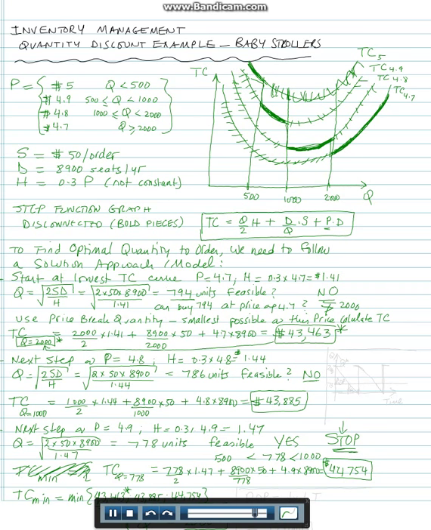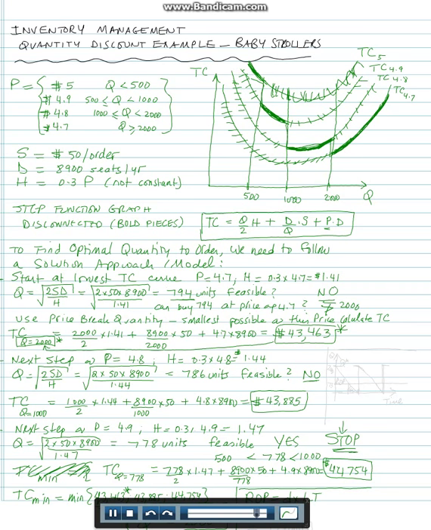Now, as for the reorder point, if we were given a reorder point, we will do it exactly like the other problems. The reorder point is little d times lead time. Little d is the daily demand. If we have 365 days a year, we take the 8,900 per year and divide it by 365 days a year.